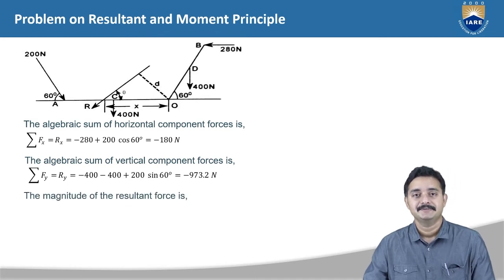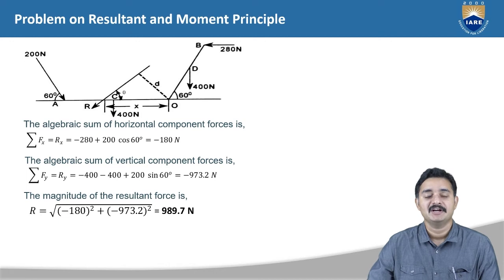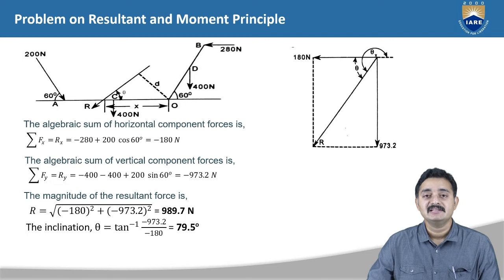Now the resultant R is equal to under root of minus 180 square plus minus 973.2 square, that is equal to 989.7 newtons. The inclination theta is equal to tan inverse of minus 973.2 by minus 180, that gives the value as 79.5 degrees.